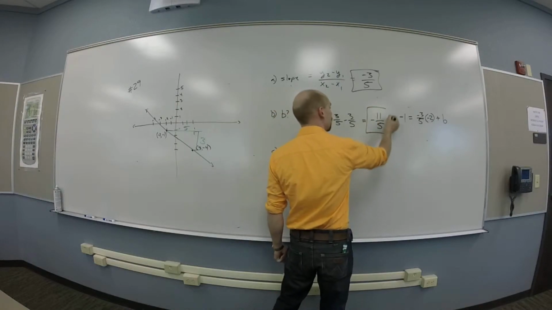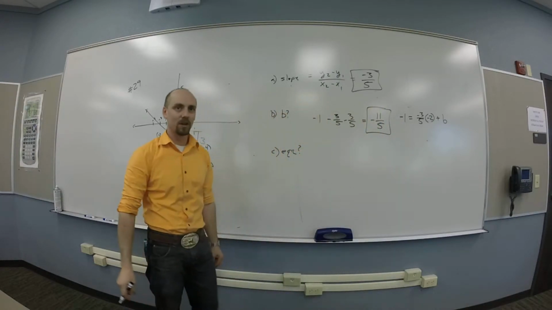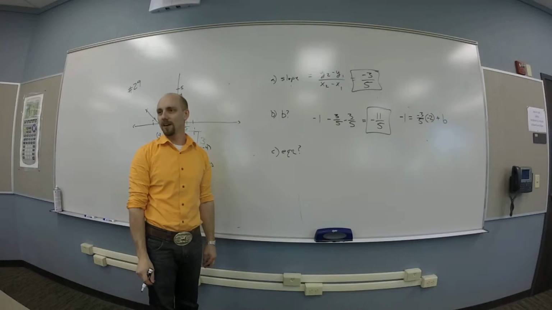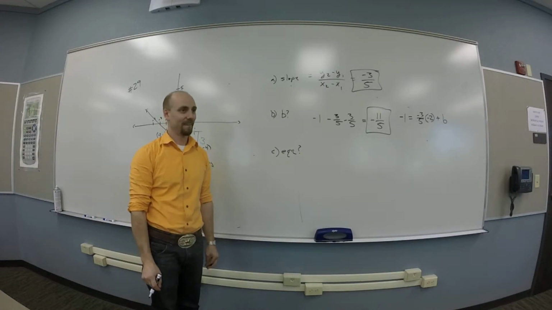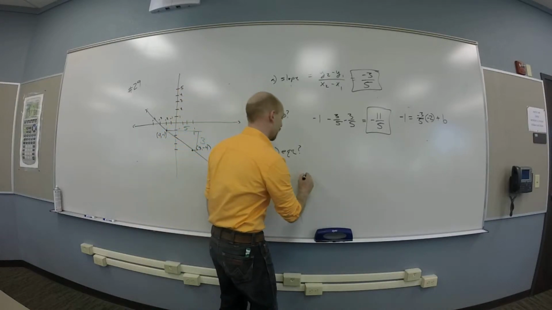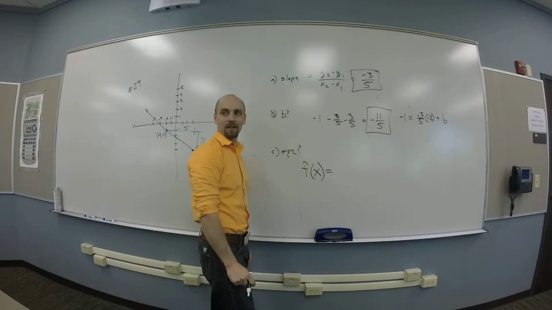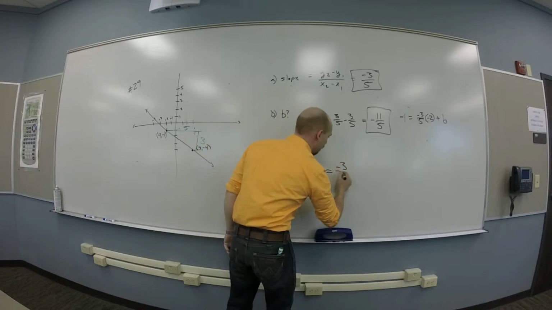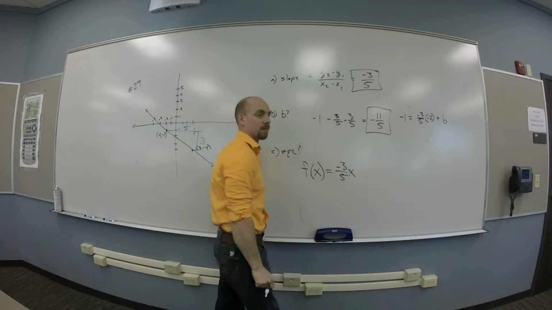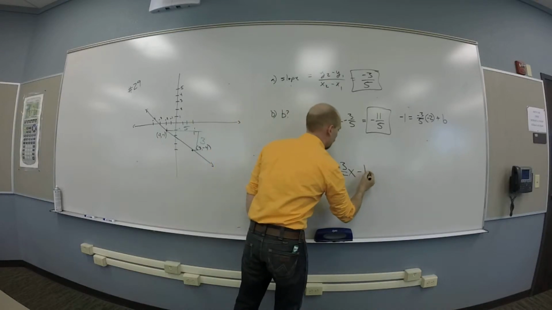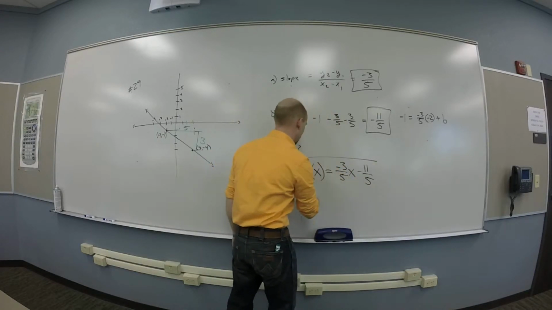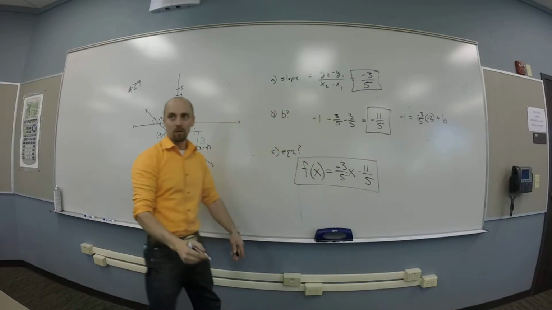Okay, so however you think about this, you should get b as negative 11 fifths. And then how do you get an equation? You just write the equation down, right? It's f of x is negative 3/5 x minus 11/5. Cool.